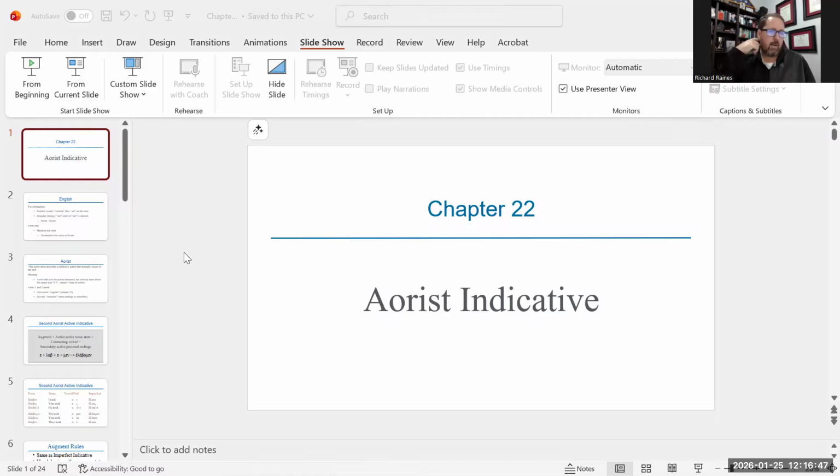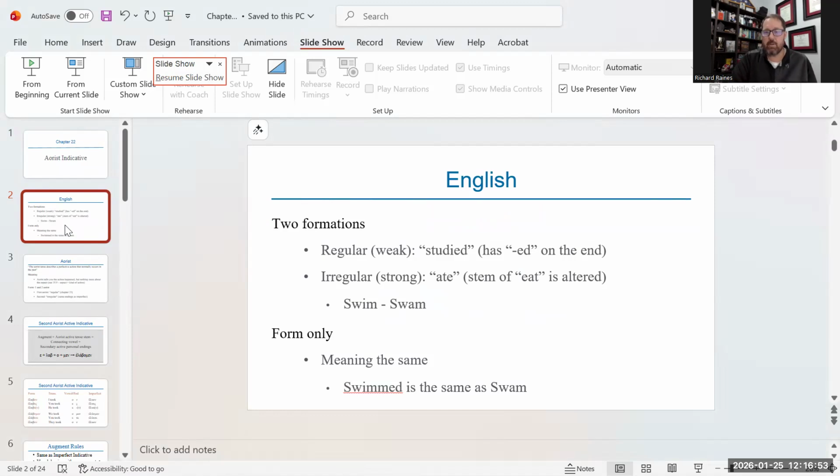All right, so we're going to be learning aorist indicative. It shouldn't come as any surprise. We're going to look at the English first. So in English, when we talk about things that happened in the past, we have a regular form of the past tense verb, and we have an irregular form of the past tense verb.